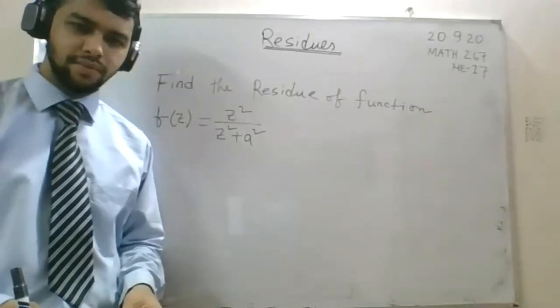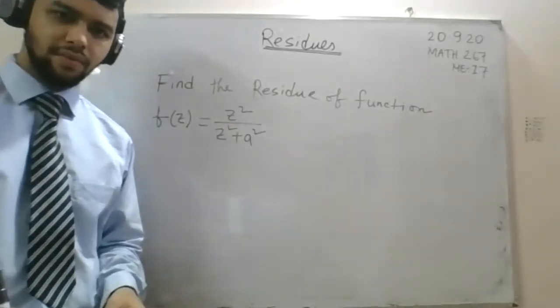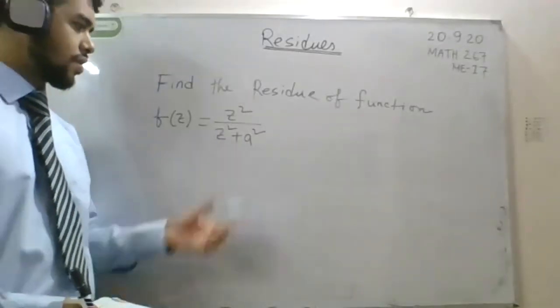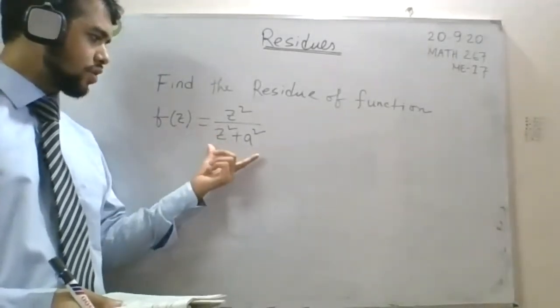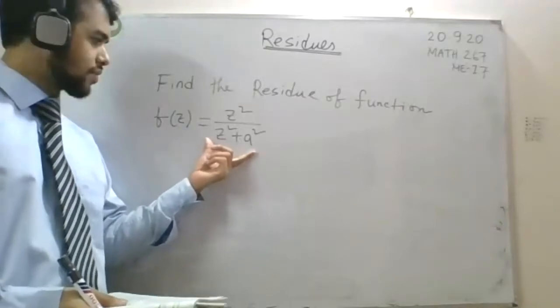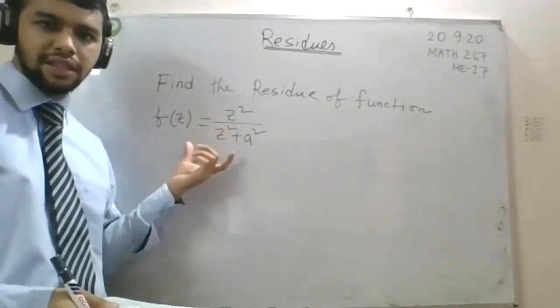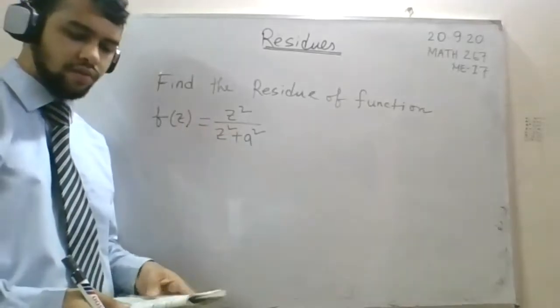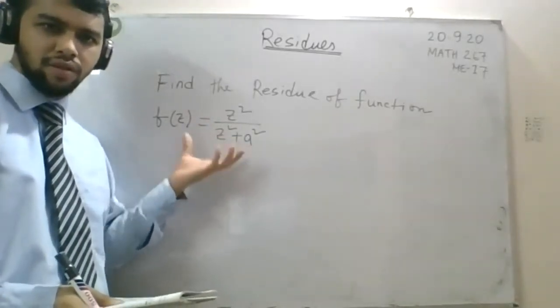Anyone? Okay, so for finding out the pole of this function, you have to at first declare z square plus a square equals 0. That means the denominator equals 0. And from there, you can find out the singularities of the function or the pole of the function.